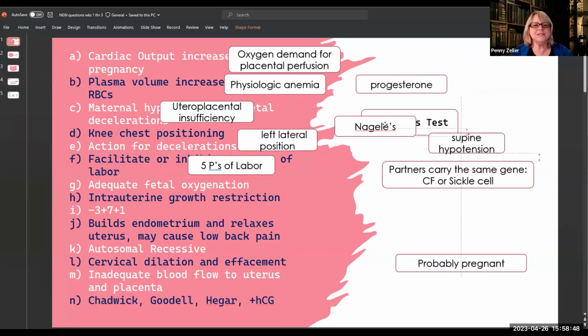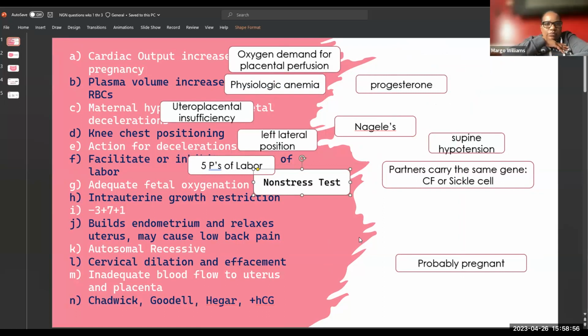Yeah, here's the non-stress test. So we do the non-stress test. We want to watch the fetal heart rate go up when the baby moves. The mom lets us know when her baby moves. She pushes the button and we want the heart rate to stay accelerated 15 beats more for 15 seconds.